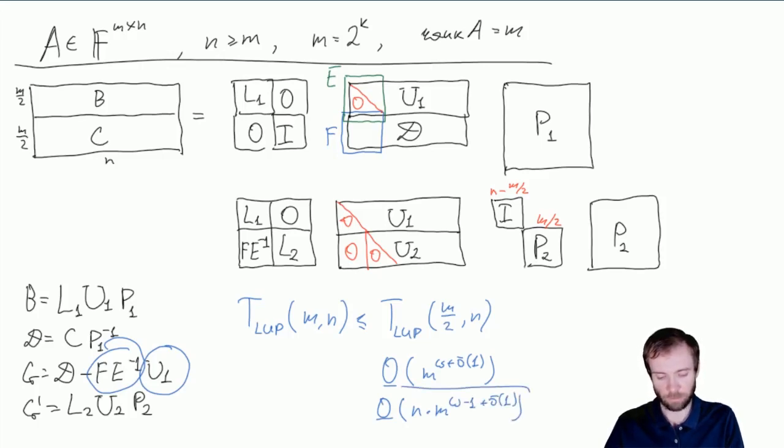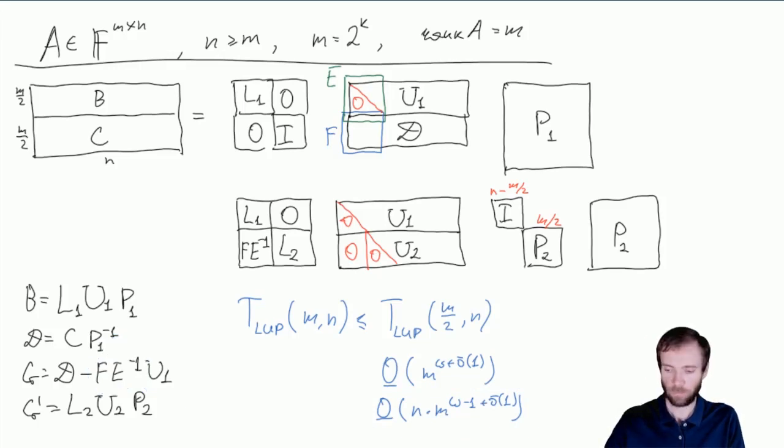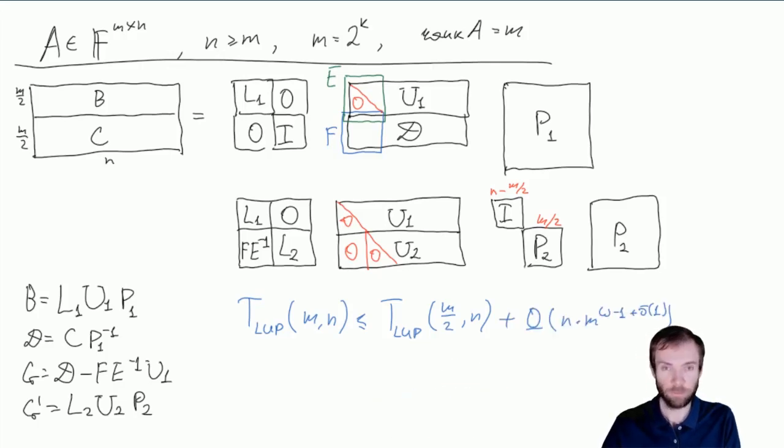So this is the time needed for multiplication of a square matrix of order M by rectangular matrix of order M by N. And now we see that this guy is dominated by this guy anyway, so we keep just one of them. And finally, we need to compute an LUP decomposition of matrix G prime, which is dominated by this term. So we can just put 2 before it.